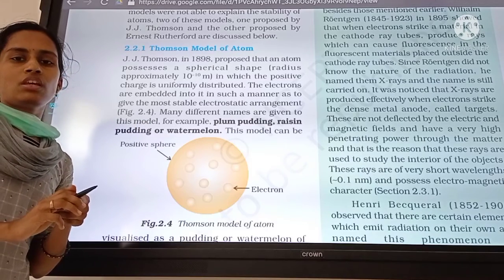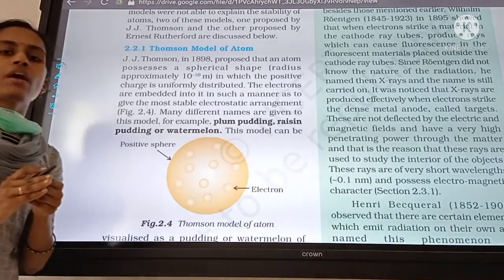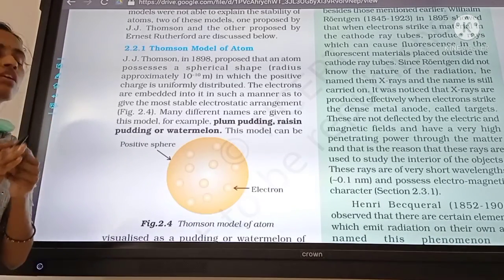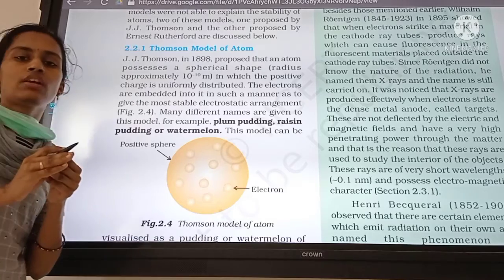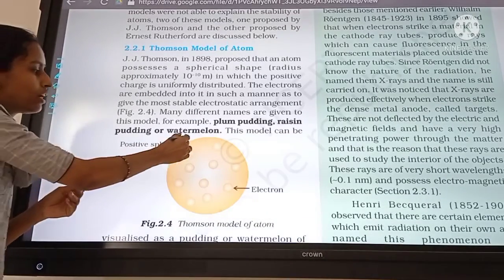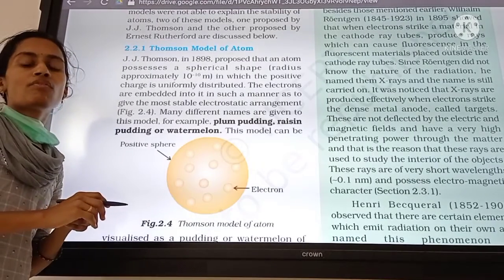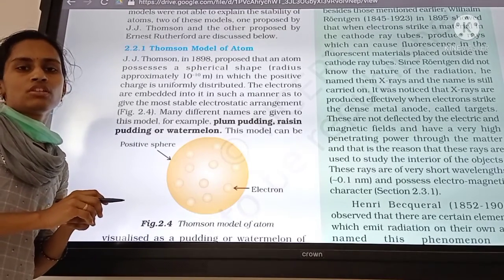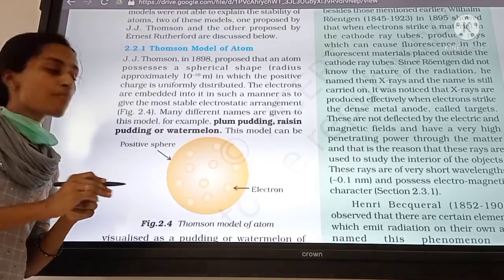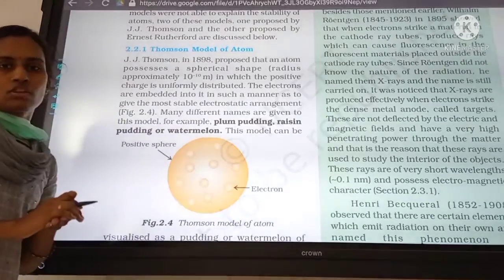In this model he compared the atom to a sphere. It is spherical in shape. He assumed the sphere is made up of positive charge, so this whole sphere is positive charge.